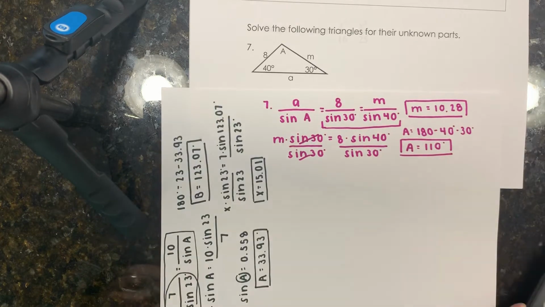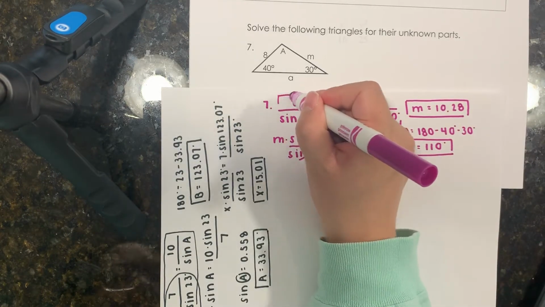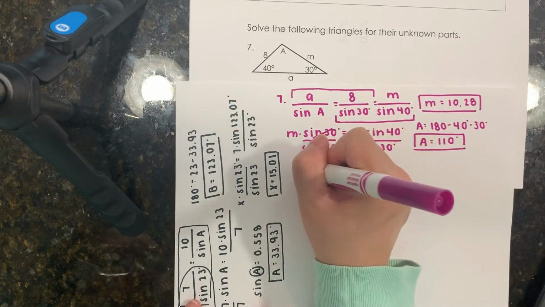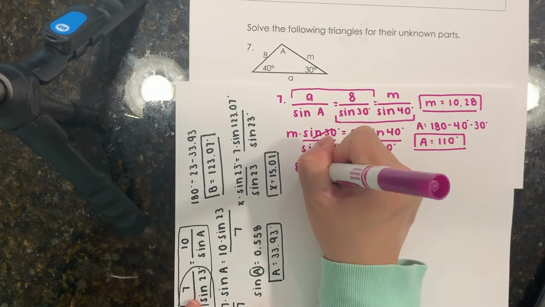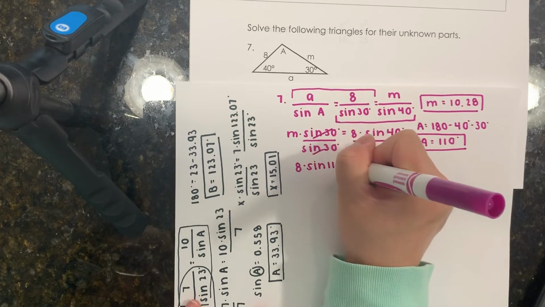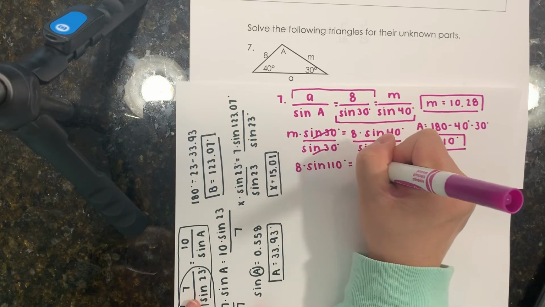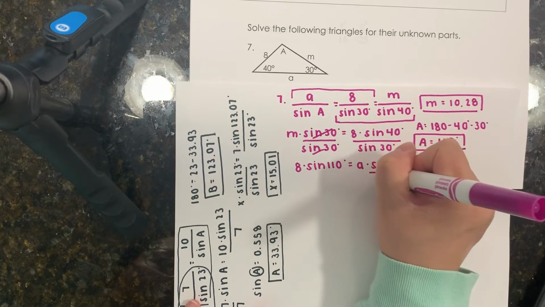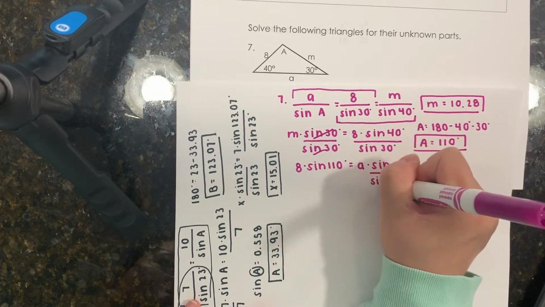Now I'm going to solve using my first two fractions right here, cross multiplying. So that would be 8 times sine of 110 equals a times sine of 30. Divide both sides by sine of 30.